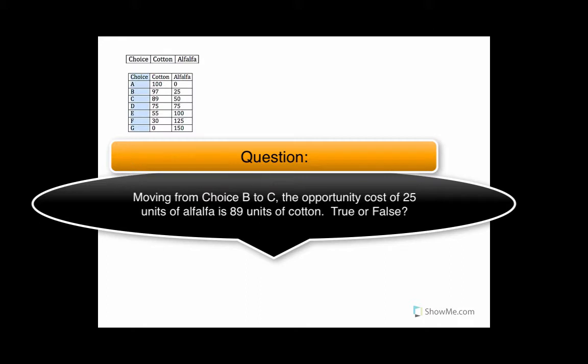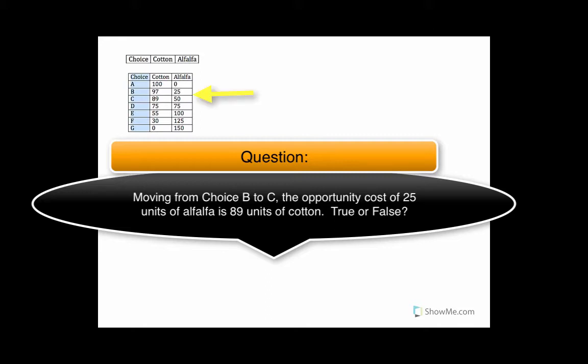Okay, so now looking at this true or false question, it says moving from choice B to choice C, so from 97 cotton and 25 alfalfa to 89 cotton and 50 alfalfa, the opportunity cost of 25 units of alfalfa is 89 units of cotton. Right, so it's saying that if we start producing 25 more alfalfa, how many cotton do we give up?